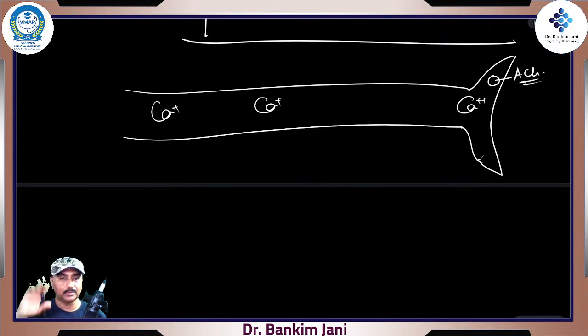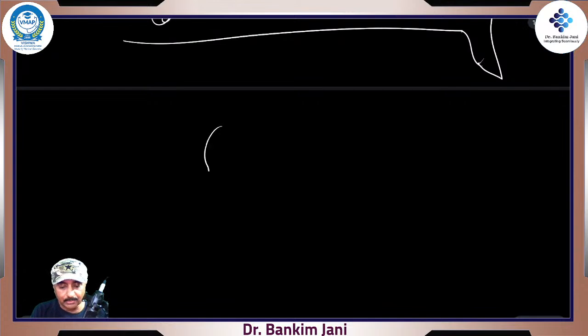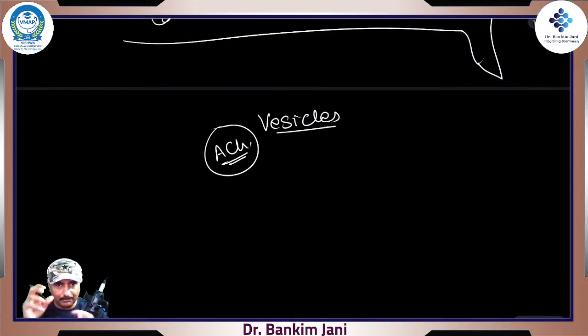So calcium will lead to exocytosis of these vesicles. Coming back to this, these are the vesicles, and they are having acetylcholine, that is the neurotransmitter. So neurotransmitter is in the form of balls.